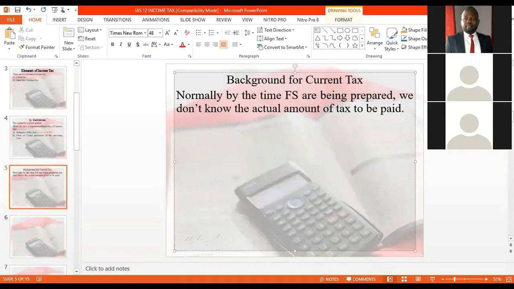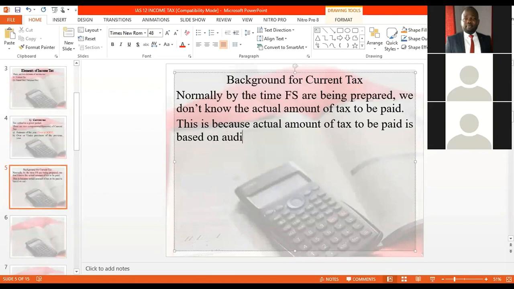Why are we not knowing? Because the actual amount of tax is only based on audited and authorized financial statements. This is because the actual amount of tax to be paid is based on audited and authorized financial statements. Take note of that.